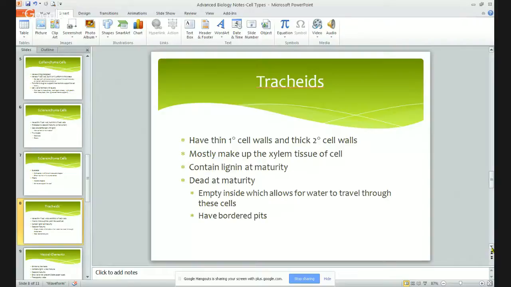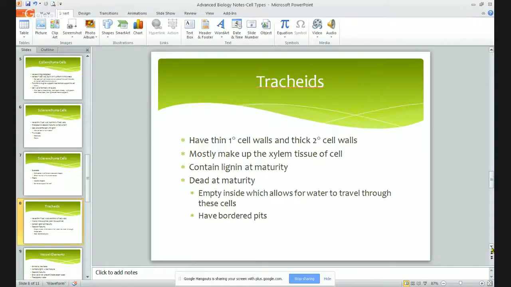So with your tracheids, you're going to have a thin primary cell wall, a thick secondary cell wall. You're going to find this mostly in your xylem tissue. They're also going to have lignin when they're mature. We call that being lignified at maturity. So again, they're going to have some of that lignin reinforcement for barrier protection.